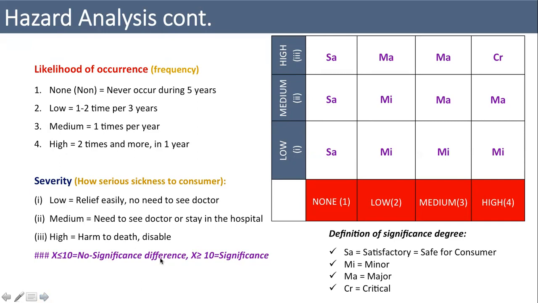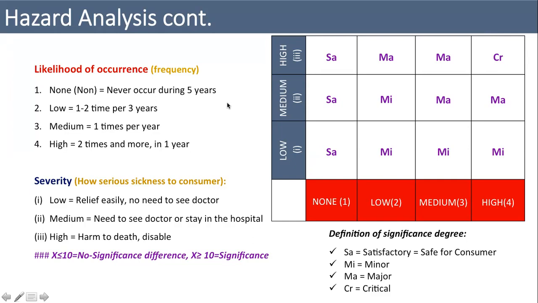Here the value is 10. Below 10 means not critical, but if it exceeds 10, it is critical. You can see CR here. So that is a critical point.